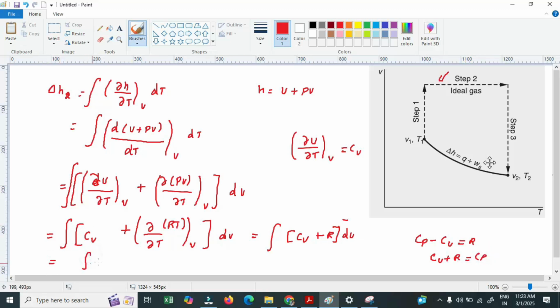Now this equation can be written as integral of Cp, sorry, this is dT, not dV, dT. Now I can use the equation to find the enthalpy, T1 to T2, and this Cp value we have already taken from the textbook. I'll be rewriting that, so this equation can be applied. I'm just removing this.